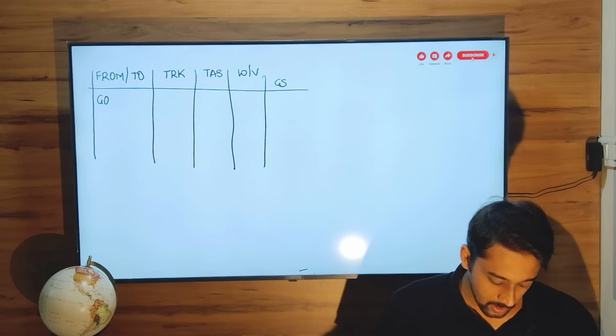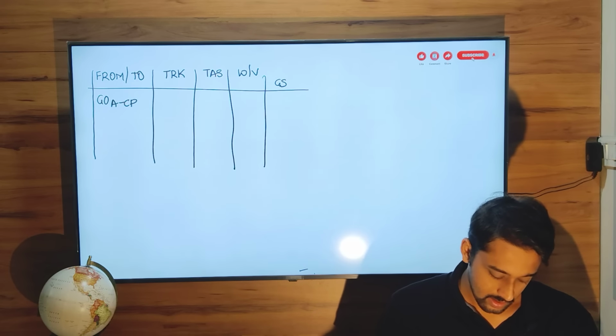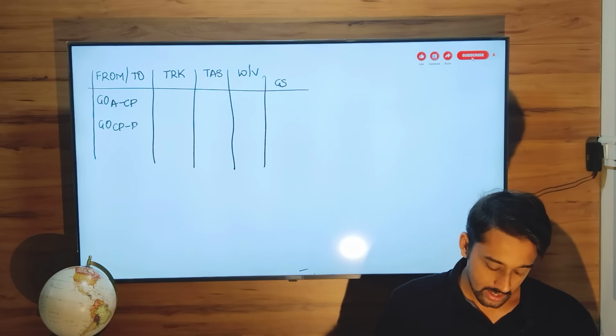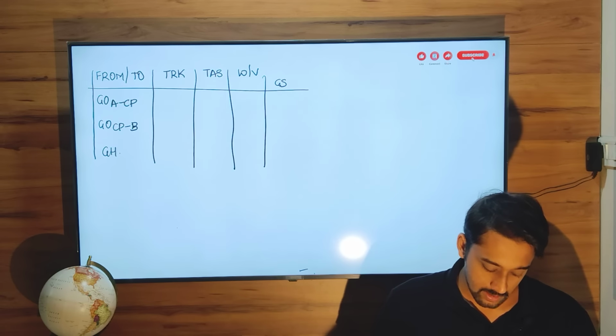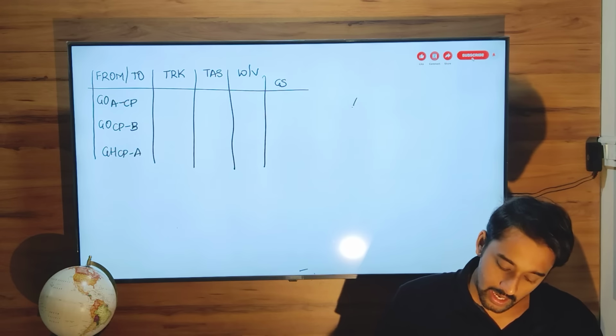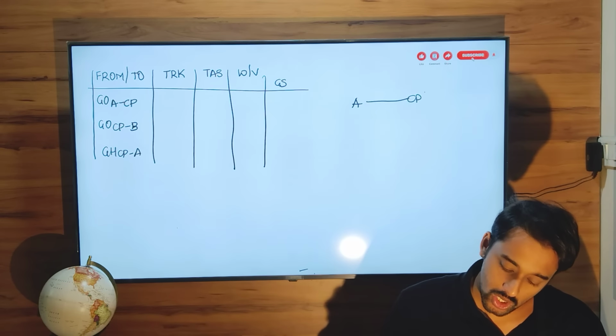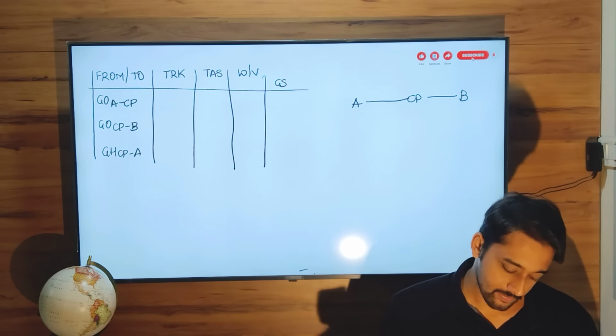So ground speed outbound from A to CP, ground speed homebound from CP to B, and then ground speed homebound from CP to A. So A to CP to B. So this is your diagram.